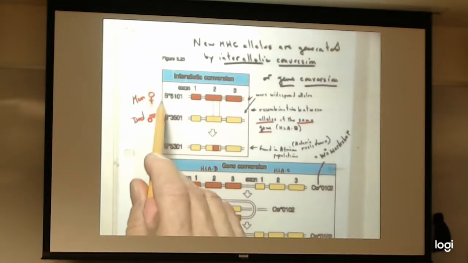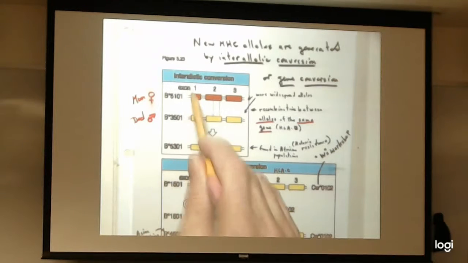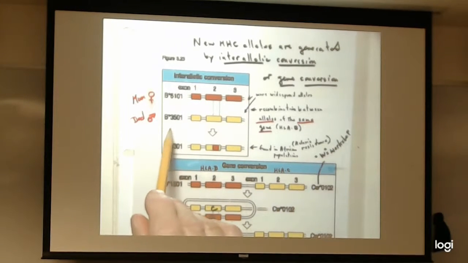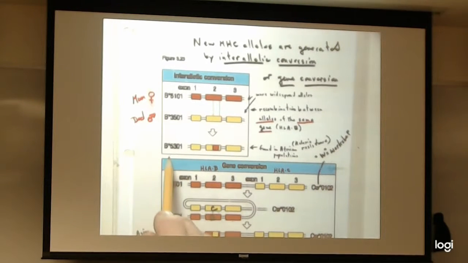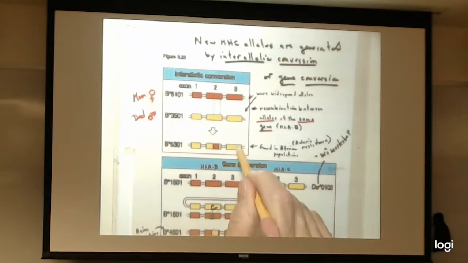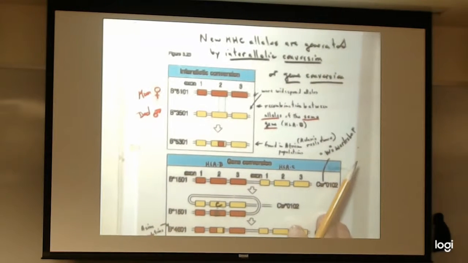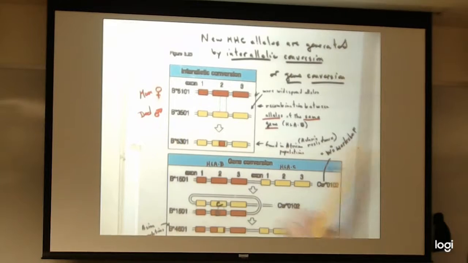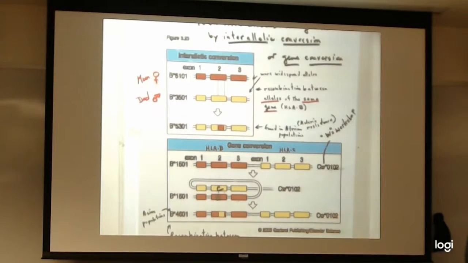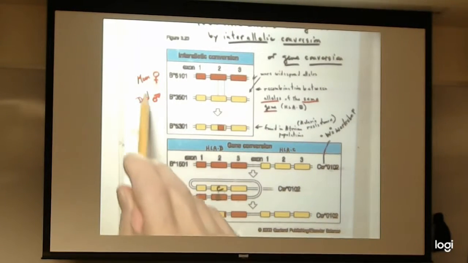So this is allele 5101, this is allele 3501, and now this recombinant guy is called 5301. Okay. And sometimes it can occur not between homologous chromosomes like this, mother and father, but within a single chromosome.